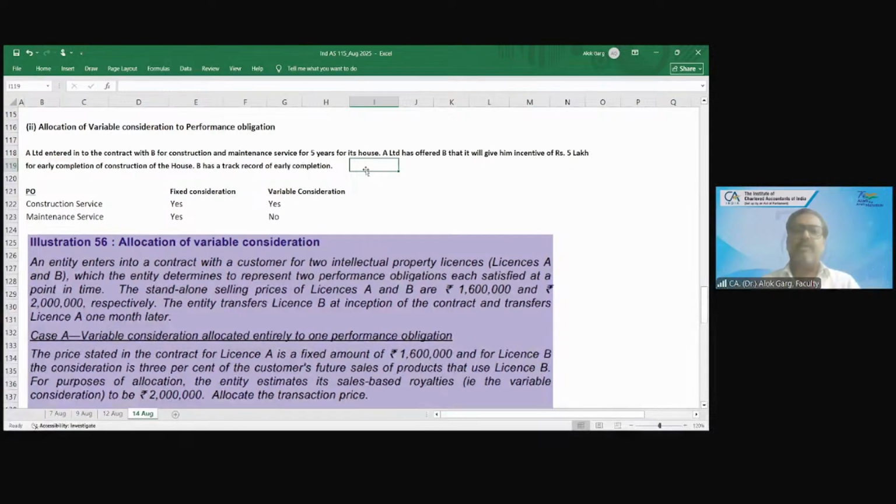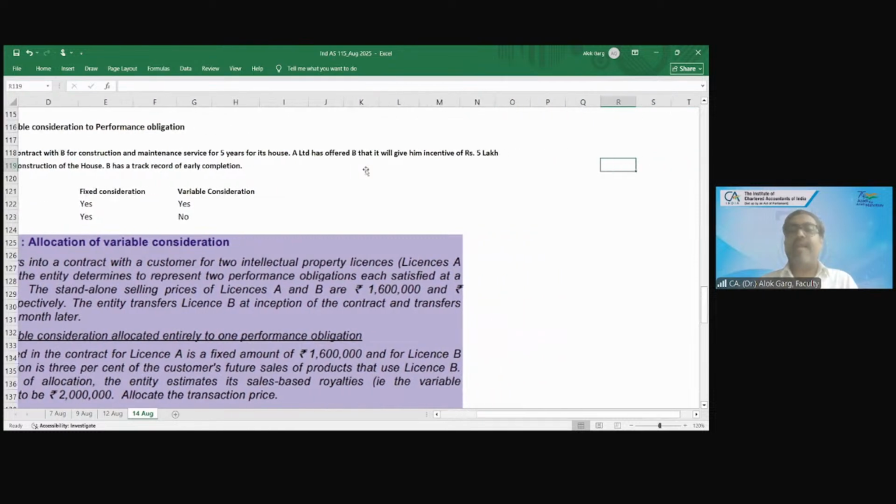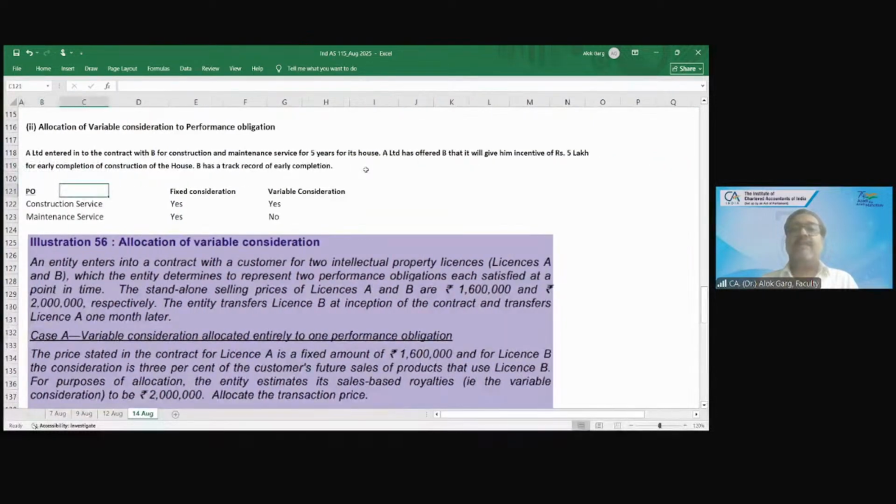Very good. So A Limited has offered B that it will give him an incentive of rupees 5 lakh for early completion of construction of the house. B has a track record of early completion. So A Limited has entered into a contract with B for construction and maintenance for 5 years for its house.